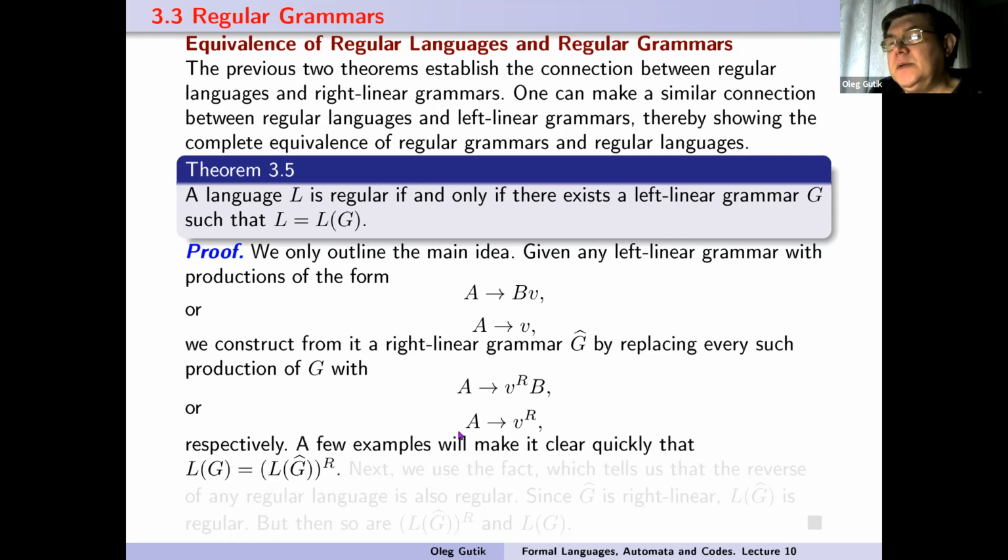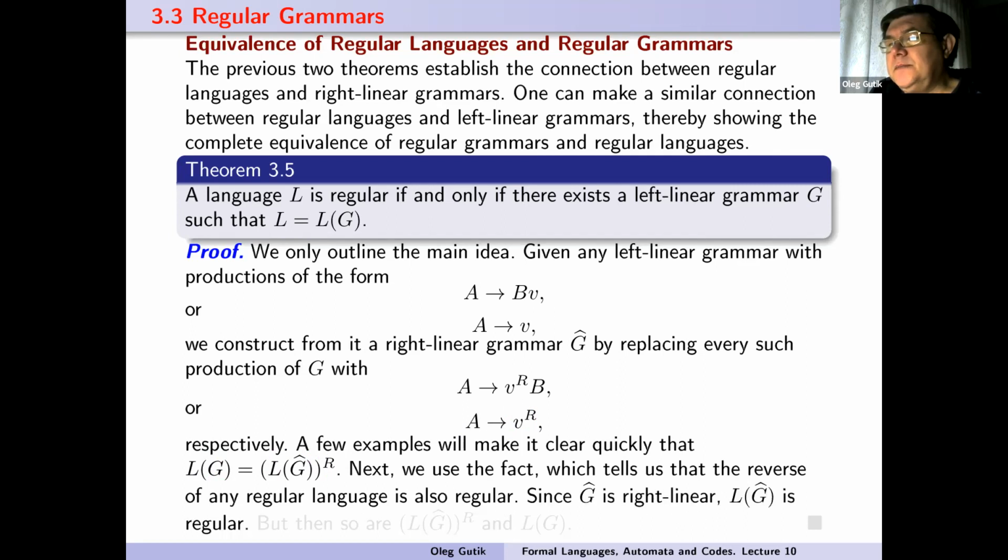A few examples will make it clear quickly that L of G coincides with the reverse of L of G hat. Next, we use the fact that the reverse of any regular language is also regular.